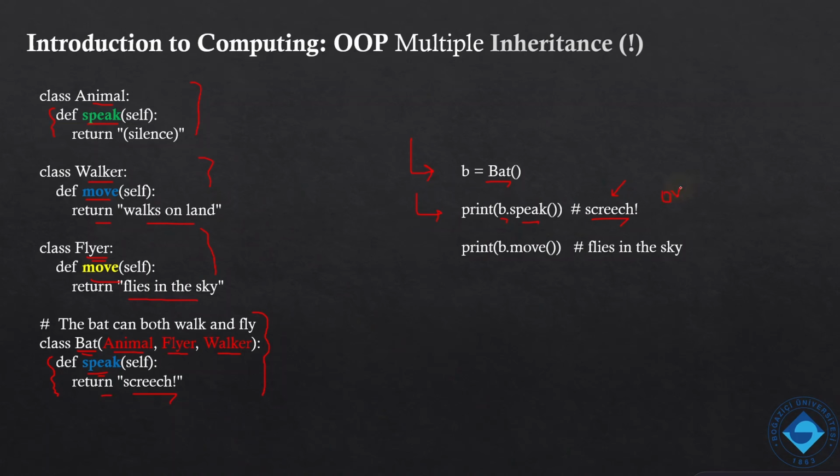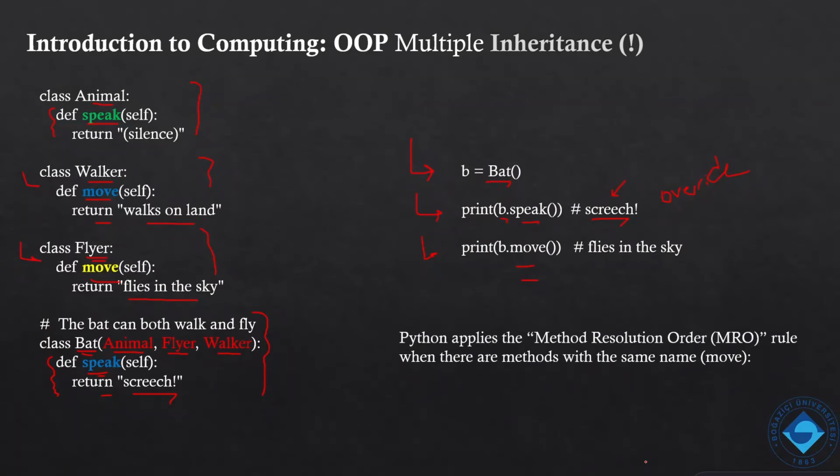We call it override, if you remember. And if I call the move function, it will take it from the flyer class instead of the walker class, right? Why does it take the move function from the flyer class instead of the walker class?